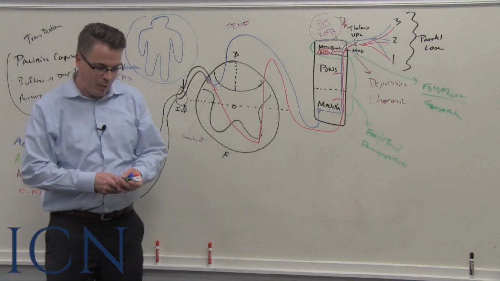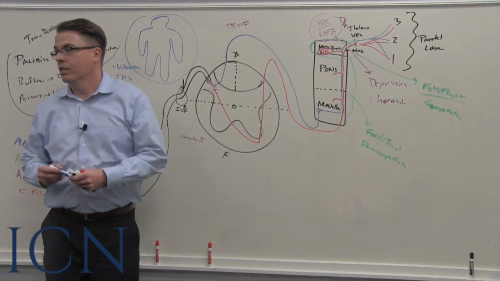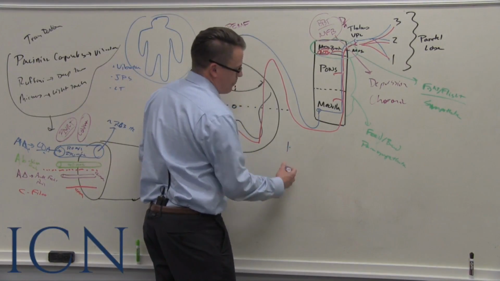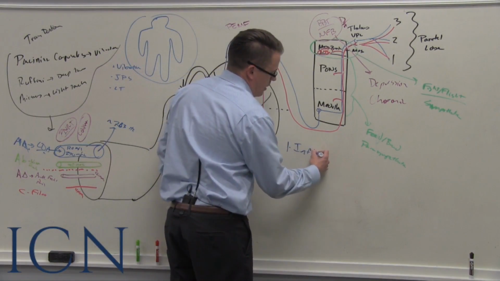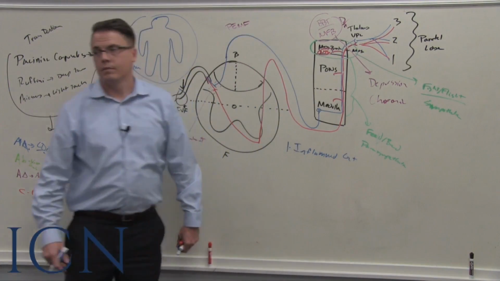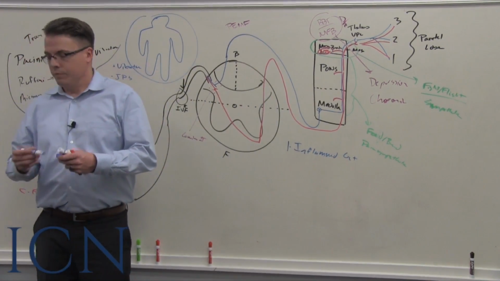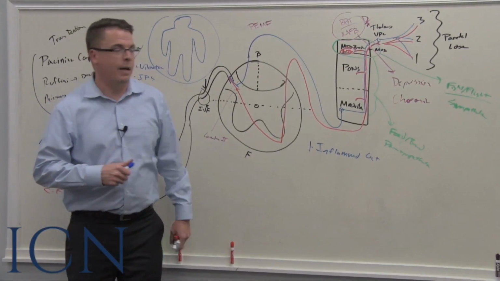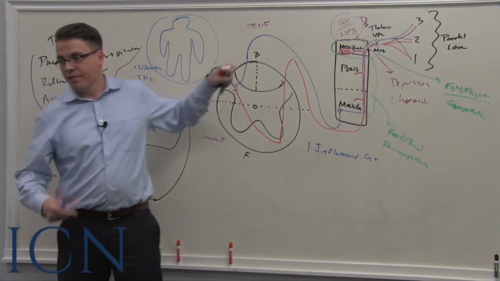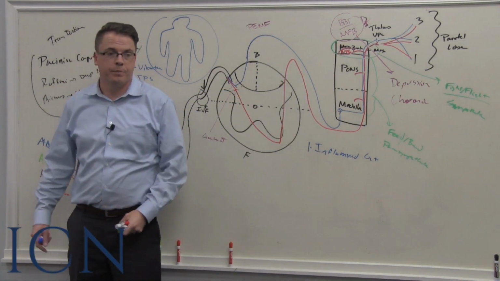Number one reason. Anybody want to take a stab at what number one is? The number one reason for chronic pain is going to be an inflamed gut. When your gut is inflamed, it's going to directly affect these nervous system pathways that we've drawn out for you.